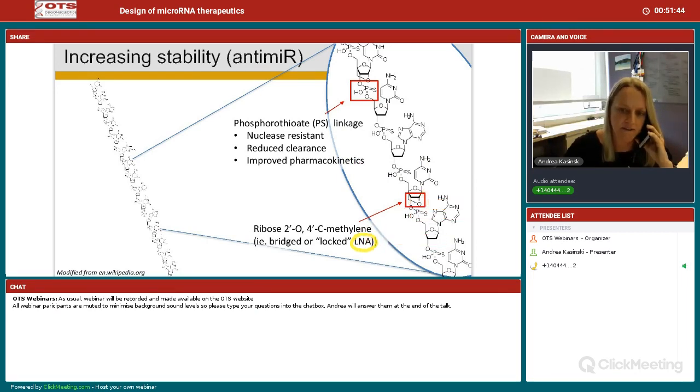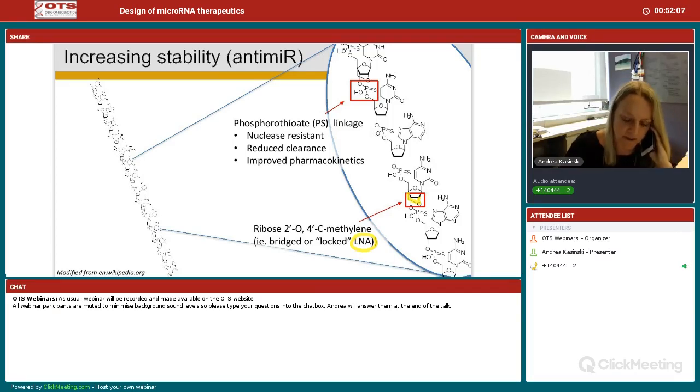And what we see is that at the 2' position, we have a bridge, or a locked nucleotide, if you will, to the 4' carbon through this methylene bond. And that prevents these molecules from being degraded as well, generating resistance.